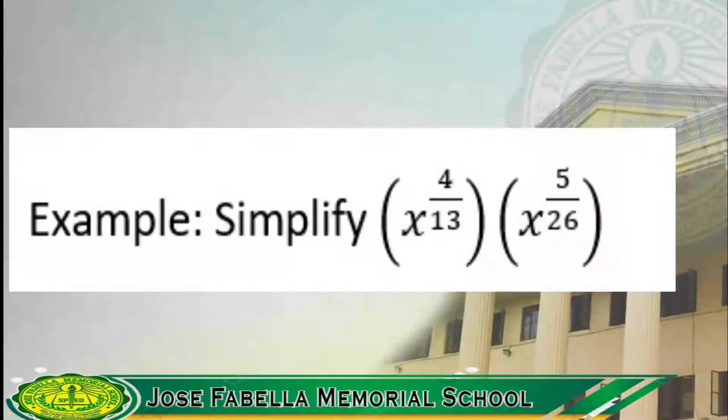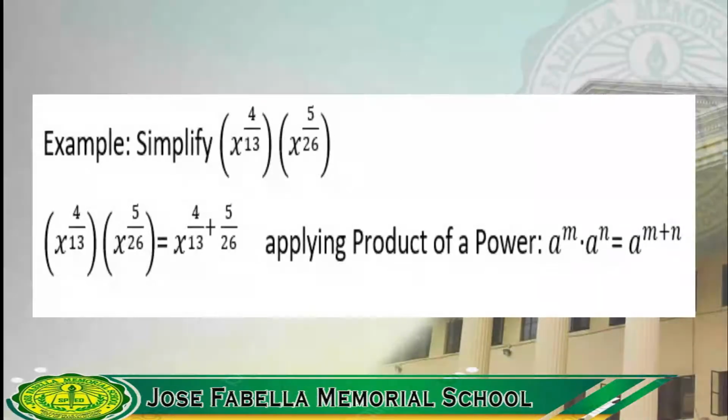Example: simplify quantity x raised to 4/13 times quantity x raised to 5/26. Applying product of a power, a raised to m times a raised to n equals a raised to m plus n.